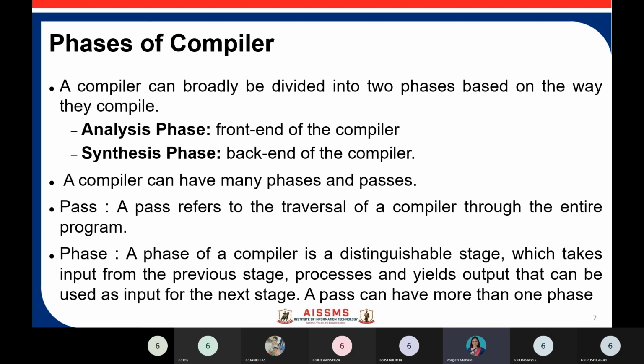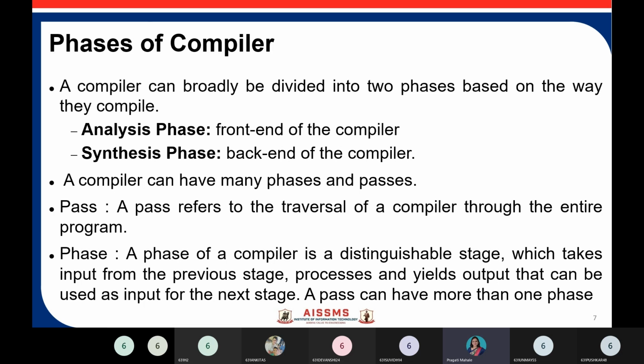Now coming back to our phases of compiler. As we know, it is broken down into two main parts: analysis phase, also sometimes called the front end of the compiler, and the synthesis phase, also called the back end of the compiler.